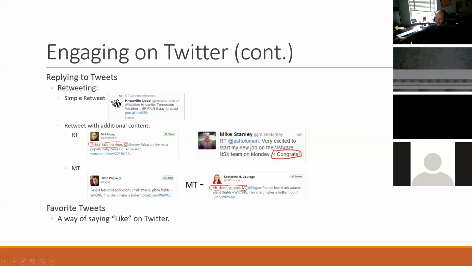So she put MT there because she changed his original tweet, removed the child abductions, but left everything else the same. So does that difference between a retweet and a modified tweet, is that clear to you guys?